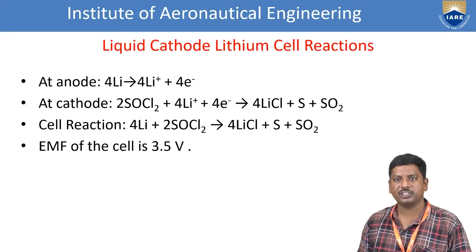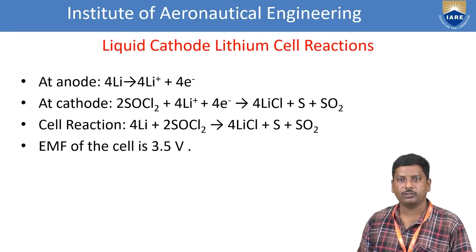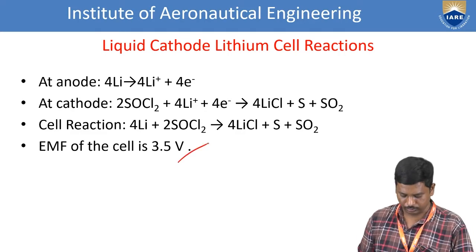The cell reaction is that 4 moles of lithium react with 2 moles of thionyl chloride to give 4 moles of lithium chloride with byproducts of sulfur and sulfur dioxide. Finally, the EMF of the cell is equal to 3.5 volts.